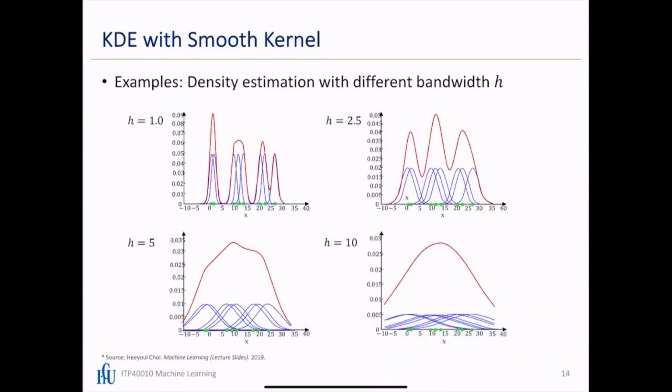And like we discussed, the bandwidth is similar to the smoothing factor that we have seen in the histogram case. So when bandwidth is getting larger, then it's going to be smoothed more. So in the case of h equal 10, maybe it is too smoothed or too dull.